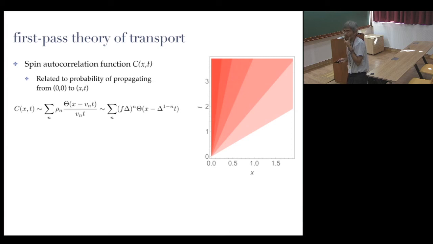So each upspin carries spin 1 in this simple limit, and so in order to have a non-trivial contribution to the autocorrelation function from 0, 0 to x, t, you need some string that started at 0 to have propagated out to the position x and t.